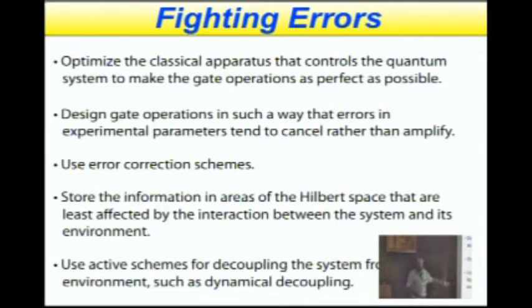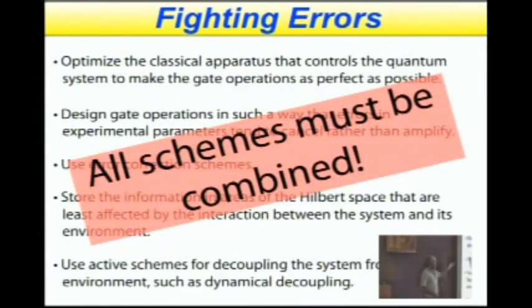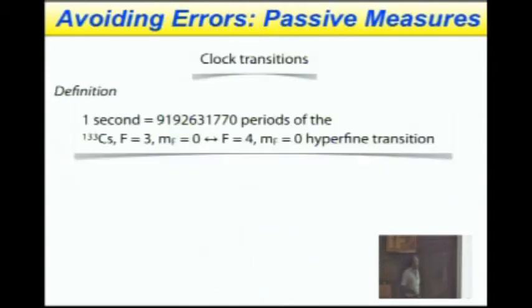And then there are active protection schemes which allow you even to suppress the effect of the environmental noise, even if you cannot avoid it. I have a number of options available here, and don't think that it is sufficient to use one of them. If you want to build a useful quantum computer, you certainly have to use all those options.